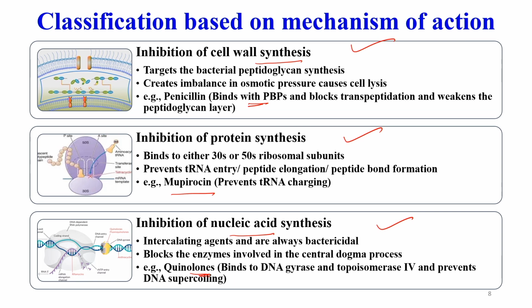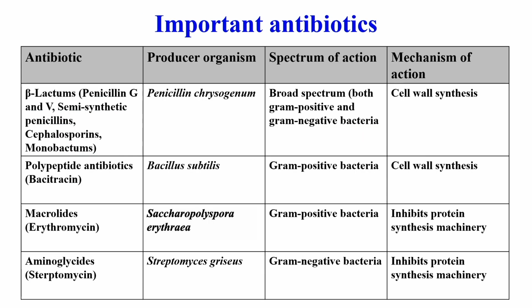All three are essential for the growth and survival of the bacteria. So, by interfering with any of them, we end up killing those pathogens. So, this is the summary we have discussed already.